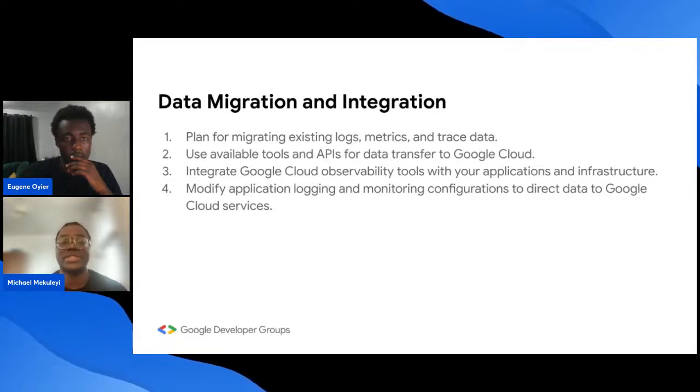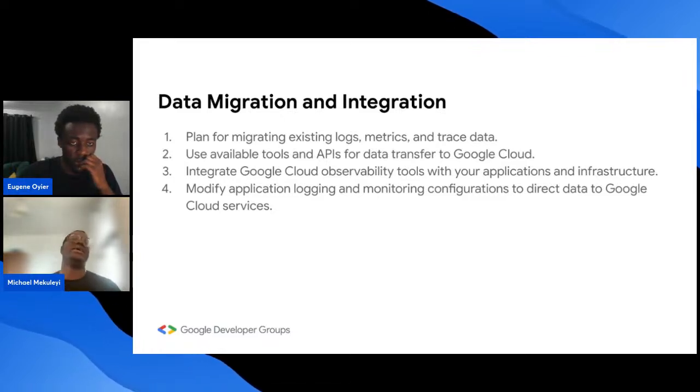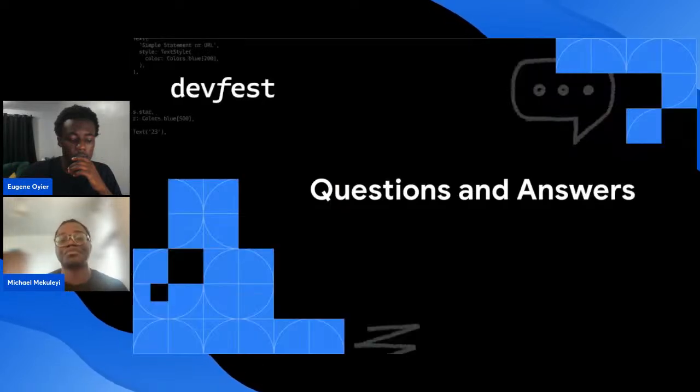Then you can do data migration and integration, migrating existing logs, metrics, and trace data. You're pushing logs to a bucket, setting up log buckets, setting up fresh alerts, and then embedding GCP observability tools directly into your code and into whatever application or infrastructure you have.